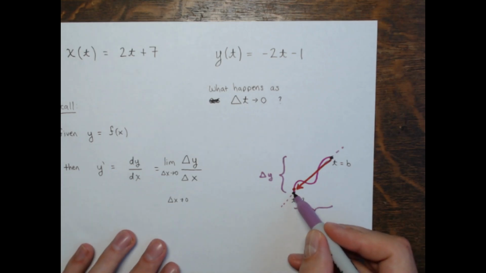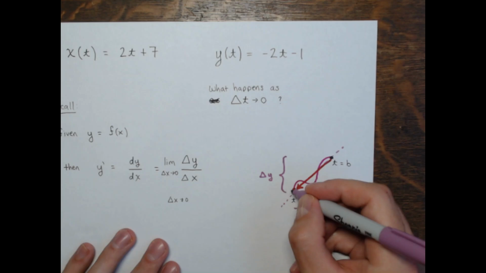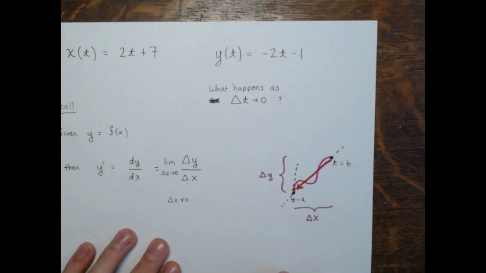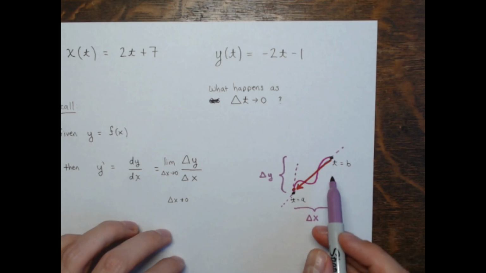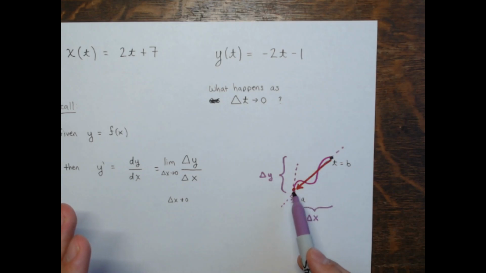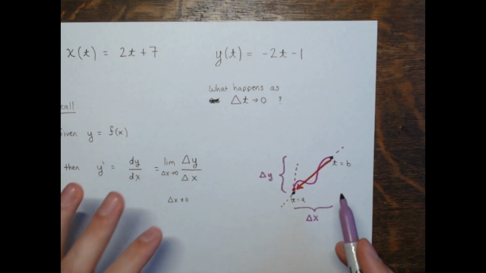And if I have t equals a and then a very, very tiny delta t, we're getting a tangent line at t equals a, the derivative. Now, what I was saying is, I hope this makes sense, that when the change in t shrinks, the change in x shrinks.